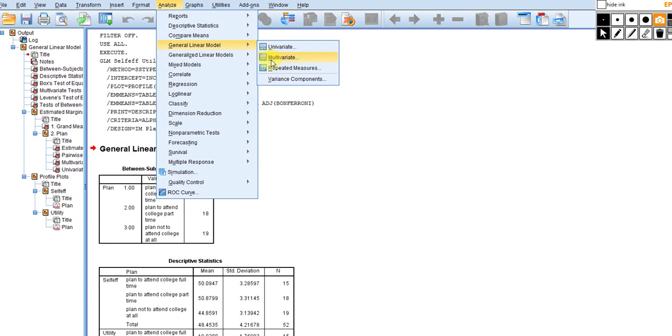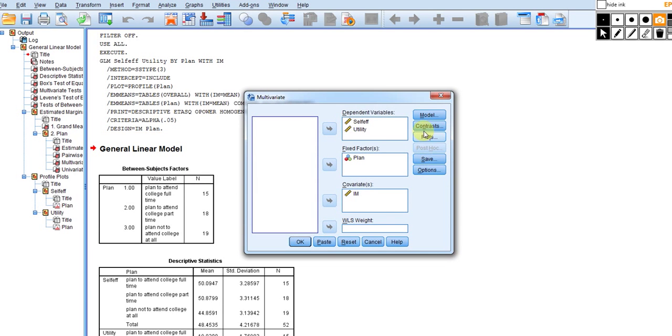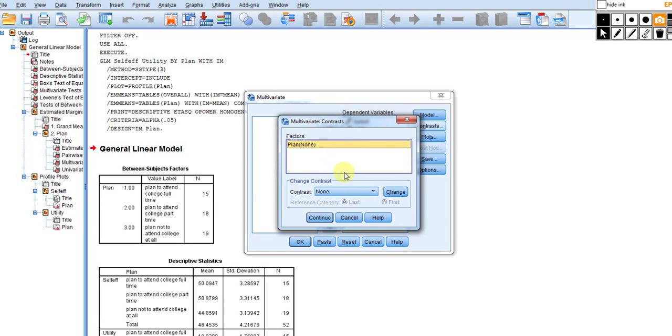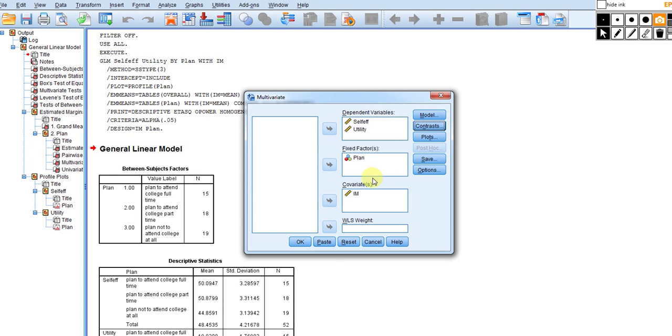But if you want to carry out some type of simple or complex planned contrast at the univariate level, instead of running the post hocs that we just ran using the Bonferroni pairwise comparisons, you can actually use syntax to carry those contrasts out. So what I'll do is click on paste, and essentially it will generate all the options that we requested previously.